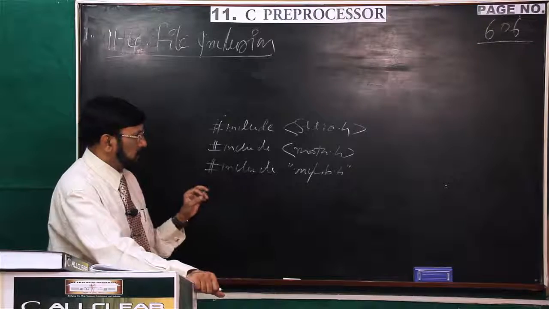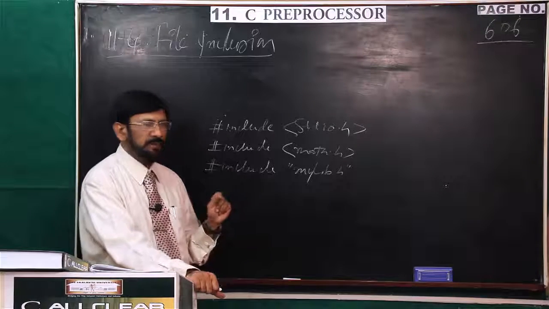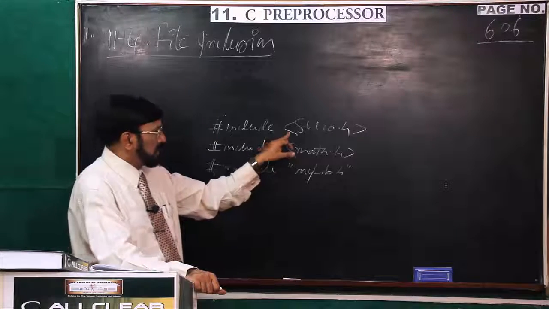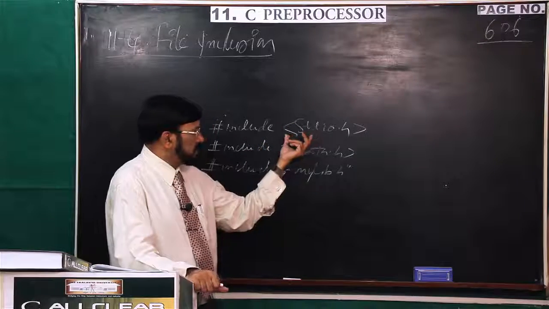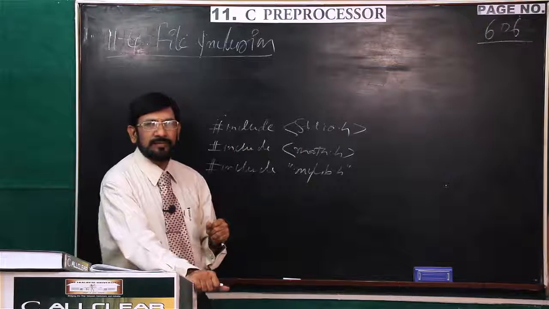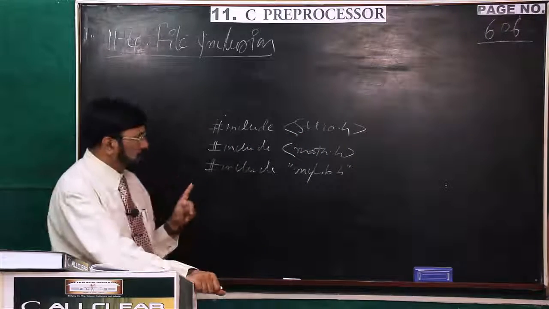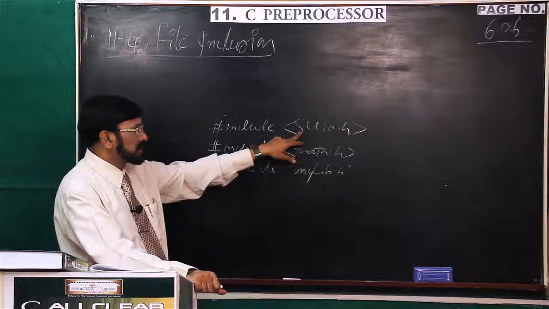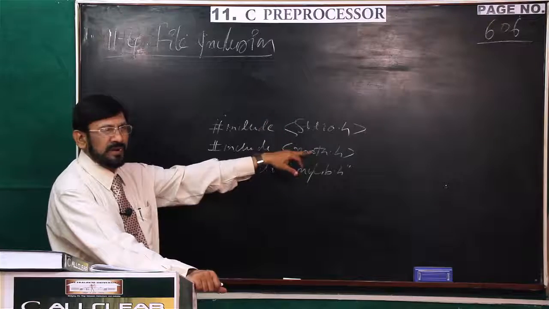The preprocessor searches for this header file, and the difference is the location where it searches. If you write the header file name in the angular brackets, the preprocessor searches for the header file in the standard library.